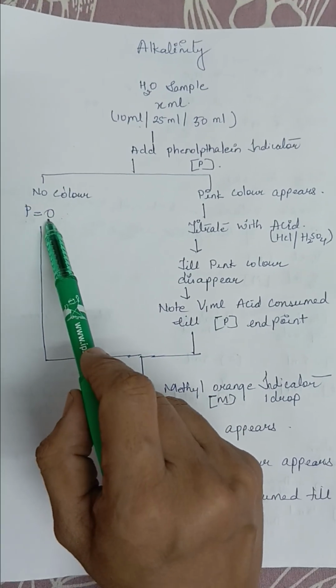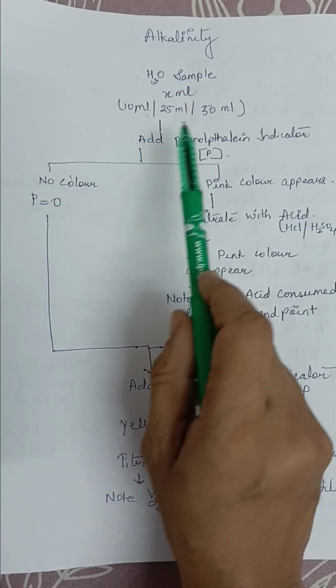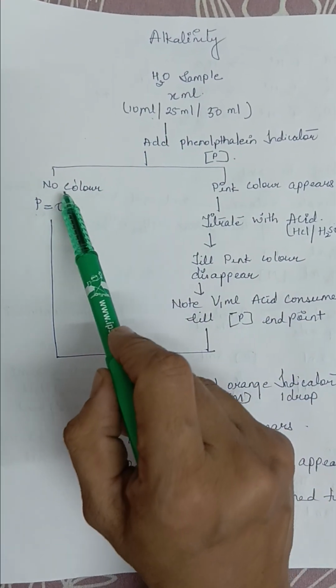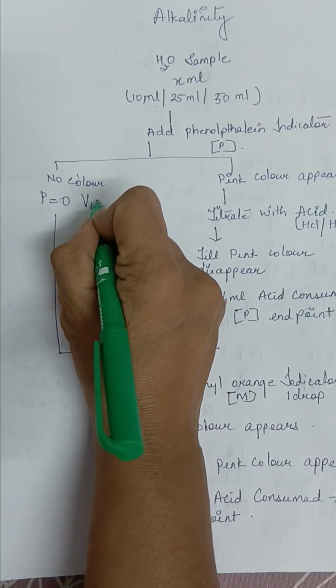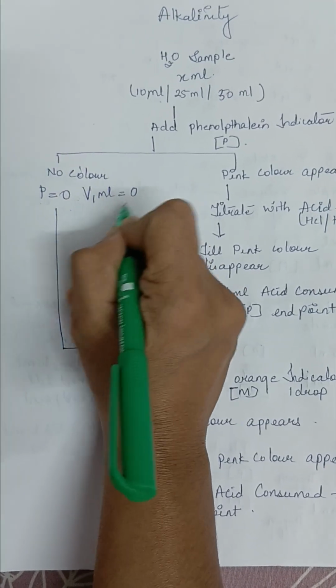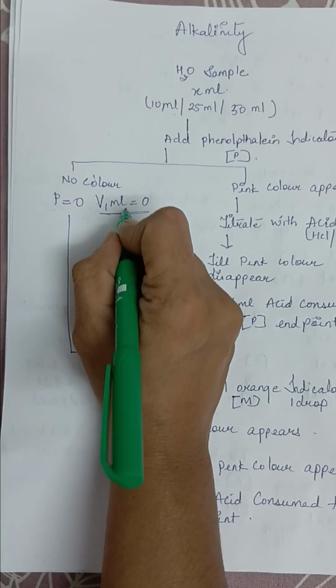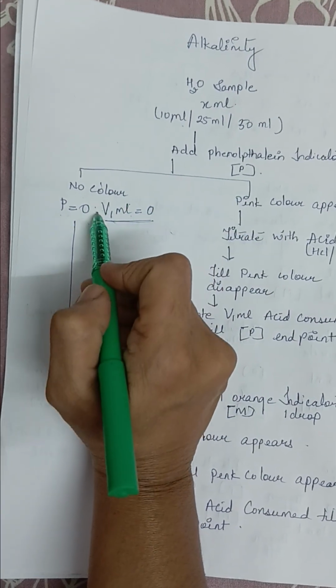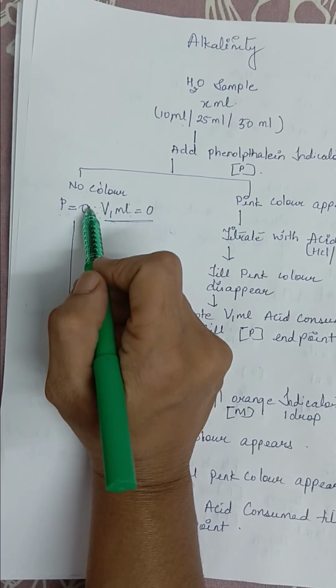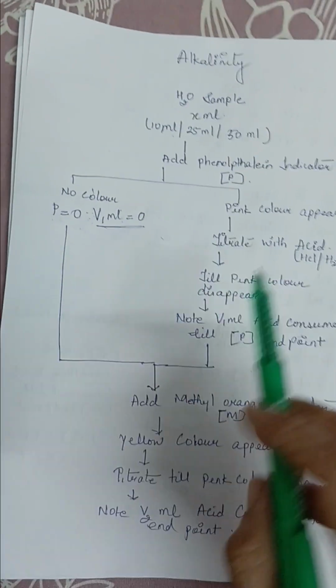So we note down that V1 ml consumption of acid here will be 0, as no pink color comes up and we don't have to add any acid to this particular solution, right?